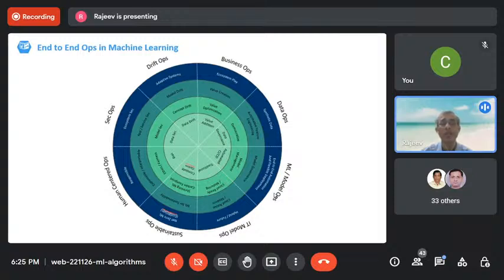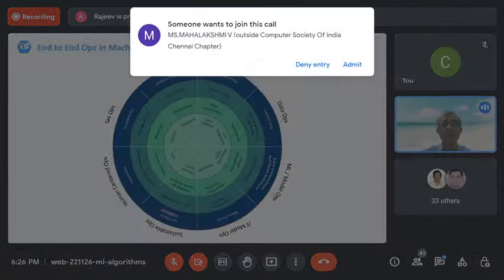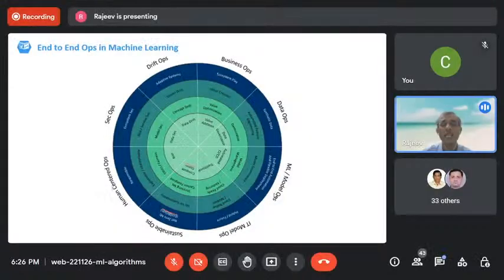Very, very important. Explainability is a very important consideration in that. Then responsible, because ultimately we want algorithms to be responsible. So these are some of the human-centered factors which the entire solution should imbibe.